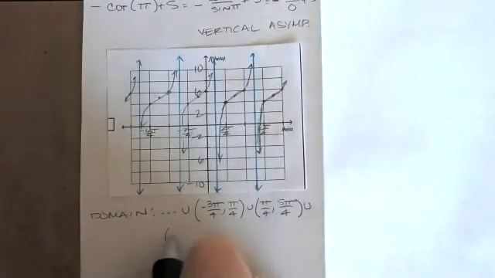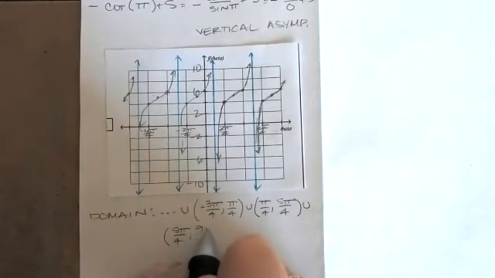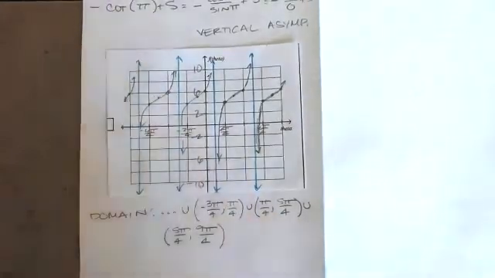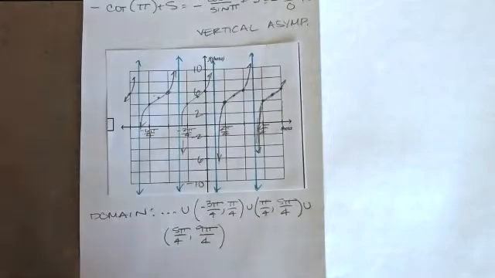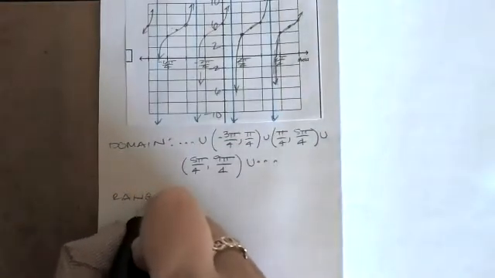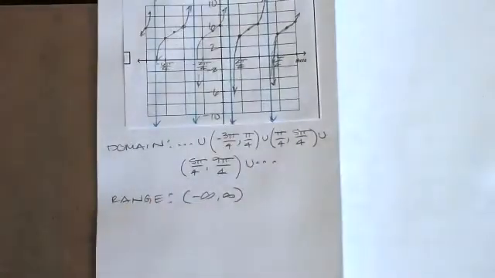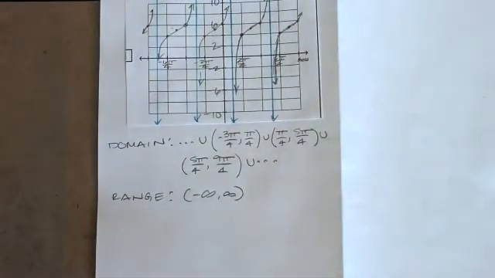Union 5 pi over 4. And how many are we adding here? 4. So that should be what? 9 pi over 4? Just double checking. All right, and then our range, again, negative infinity to infinity feels like a breath of fresh air after that domain we just figured out. Okay, are we okay there?